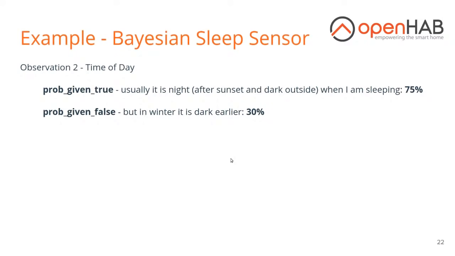The second observation is the time of day. So after sunset or when it is night, I'm sleeping, but sometimes in winter it's getting dark earlier. So it's not always true that it is dark outside when I'm sleeping.